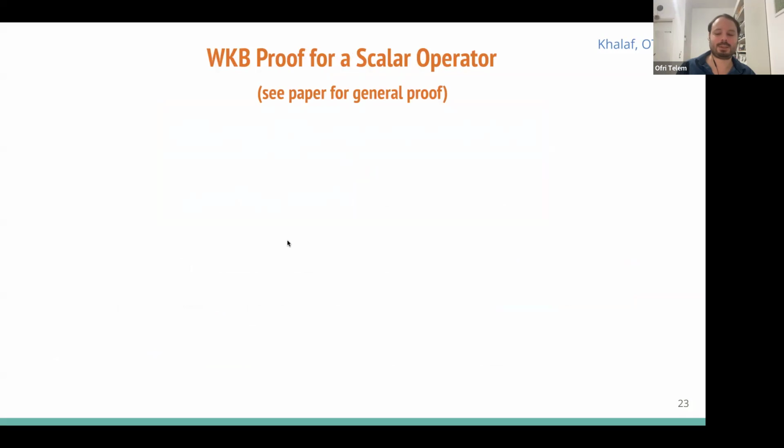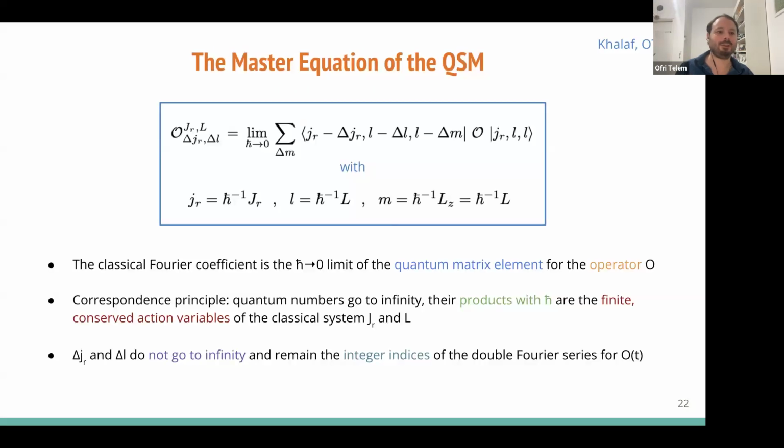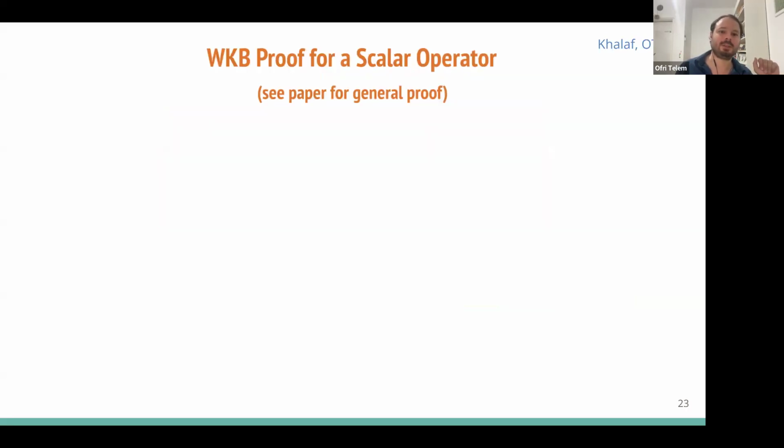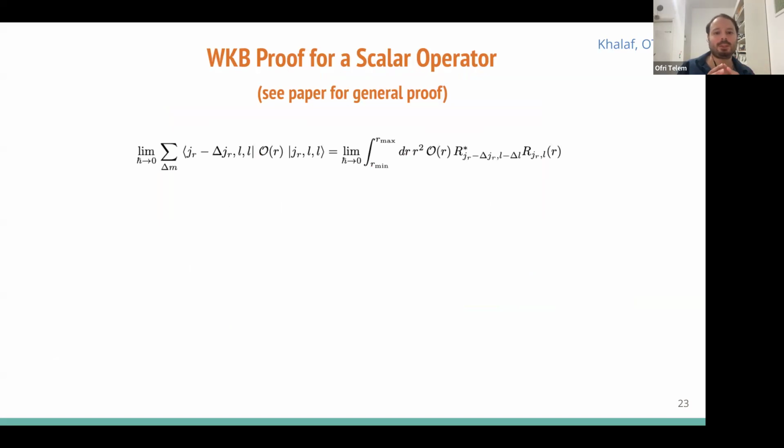This sounds like a kind of heavy formula, but the only thing I need in order to prove it is WKB. Just apply WKB. Let me show you how it's done. Let's take an operator which is scalar, so it doesn't depend on angles. I'm going to set the same angular quantum numbers on both sides just to simplify the proof for this talk. The definition of the quantum matrix element is just an overlap integral between the radial functions of the bra and the ket with the operator inserted in the middle.